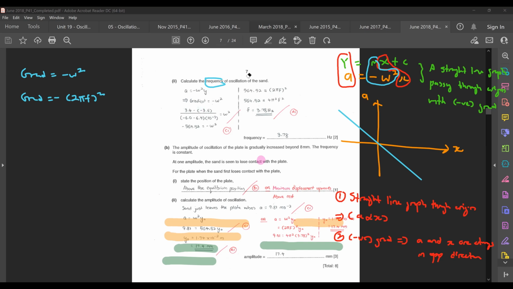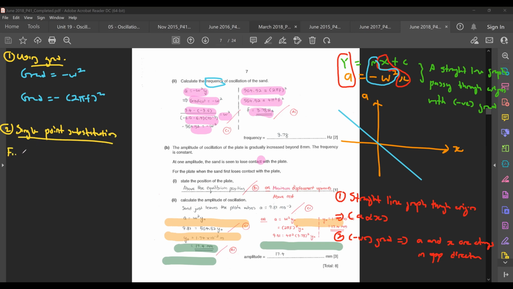That is what is being shown here, like this. This is one part, using gradient. But I also did mention to you that you can use single point substitution, which is not shown in my working here.